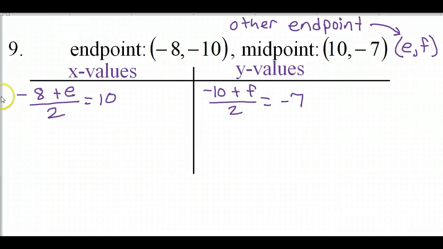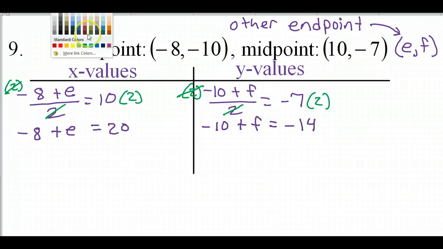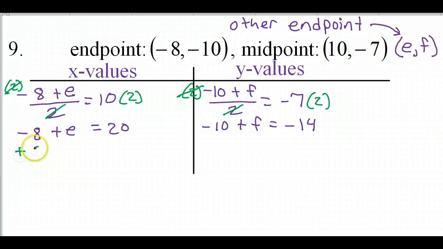So guess what I'm going to do? I'm going to multiply both sides by 2. These 2's are going to cross out. And then what do I have? -8 plus e is equal to 20. -10 plus f is equal to -14. Getting e by itself, add 8 to both sides.